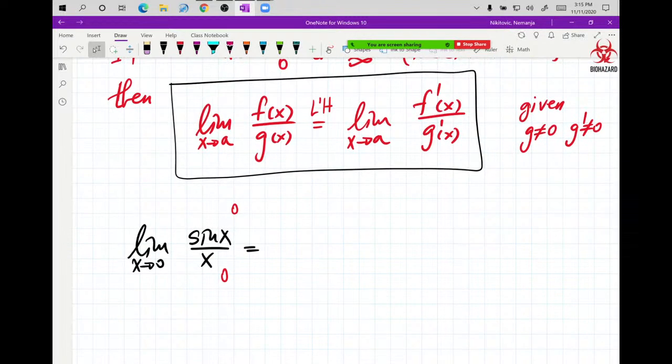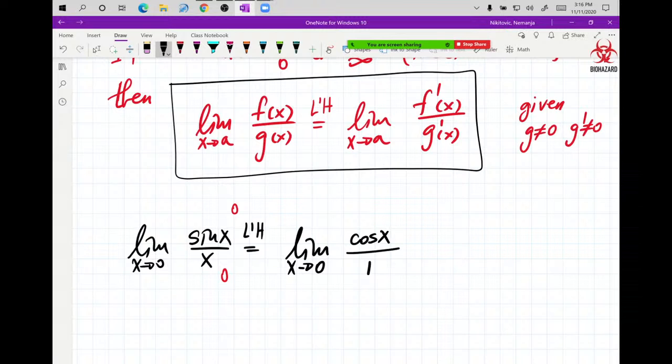So now, when I have the 0 over 0 indeterminate form, I know that I can put L'H, which stands for L'Hopital, on this equal sign, and I can take two independent derivatives of the two functions I see. That will be cosine x and 1. Derivative of sine is cosine, derivative of x is 1.